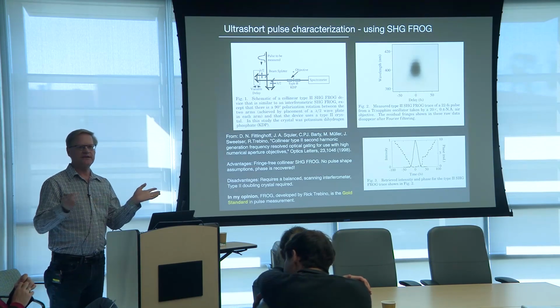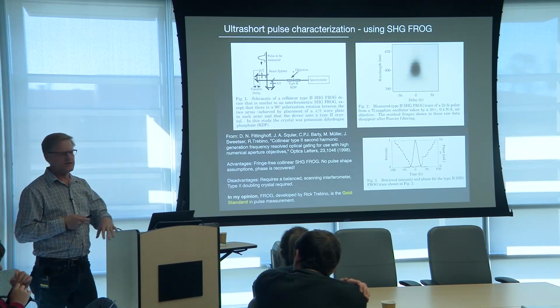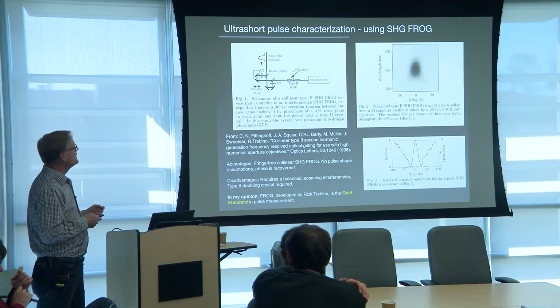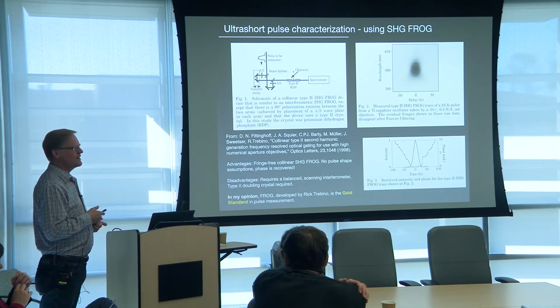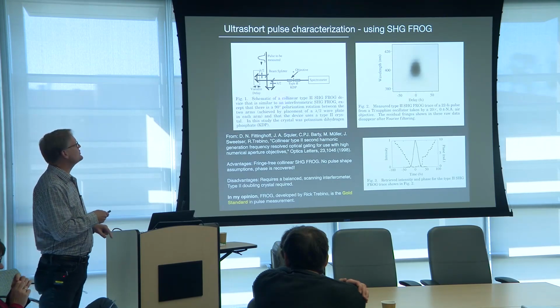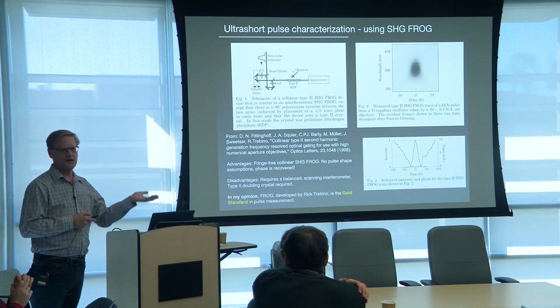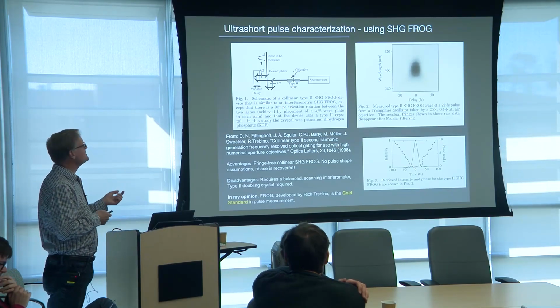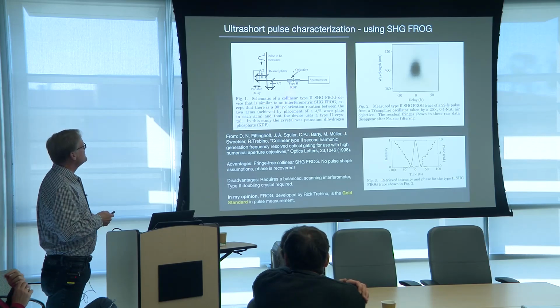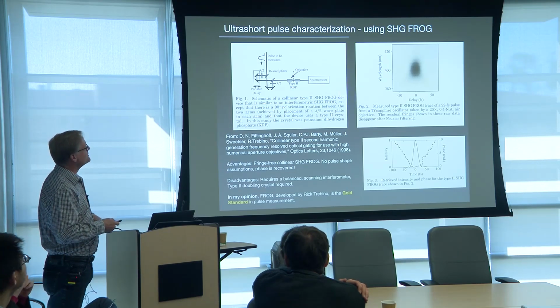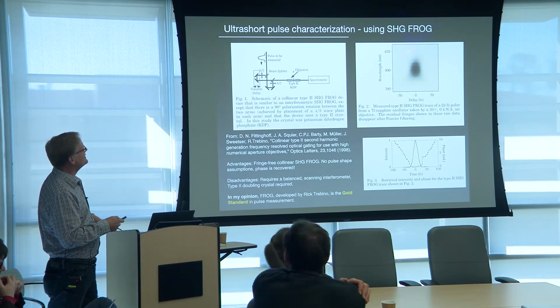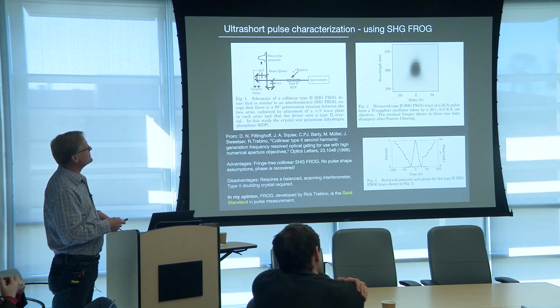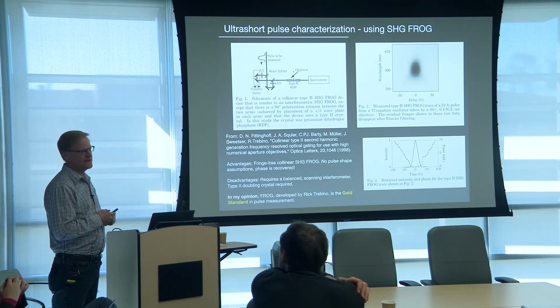So now we've completely gotten rid of all the fringes that you've seen on every slide before. Now I get a second harmonic signal using type 2 phase matching, which requires these guys, and the gating is being done at this crystal. Now I can just collect that second harmonic light and spectrally resolve it, and I get this classic FROG trace where we've got delay versus wavelength.